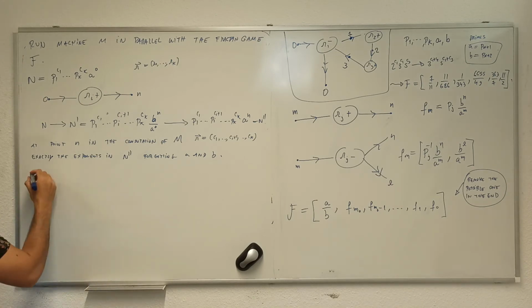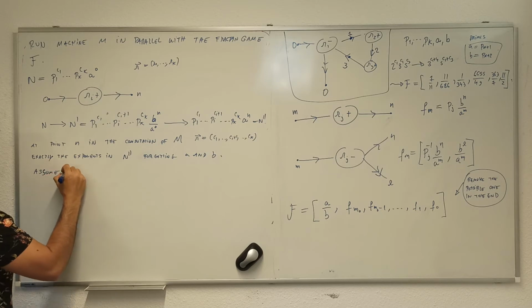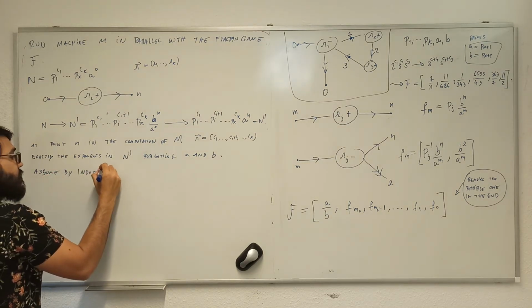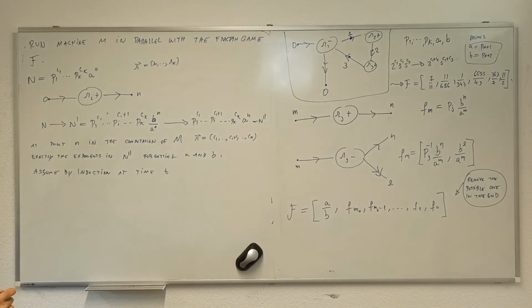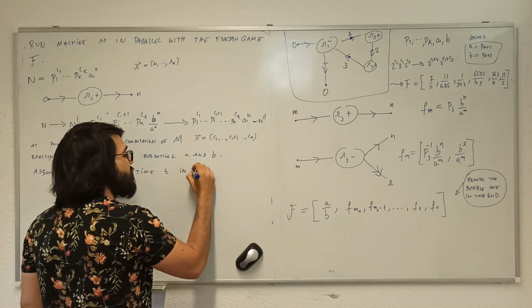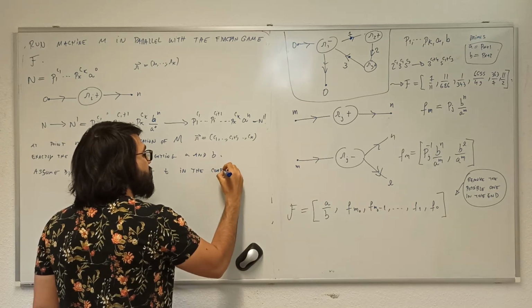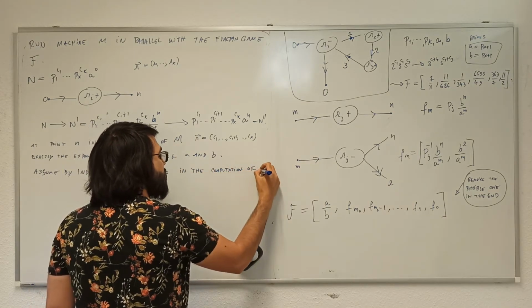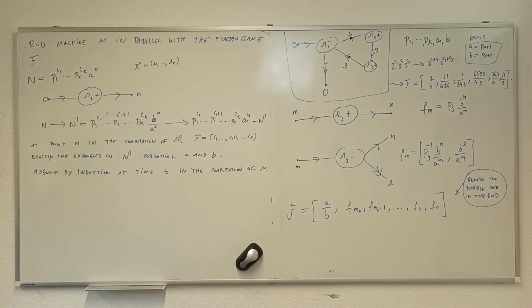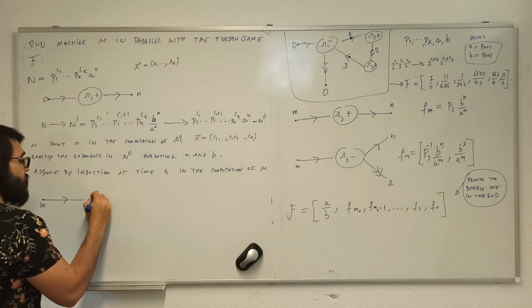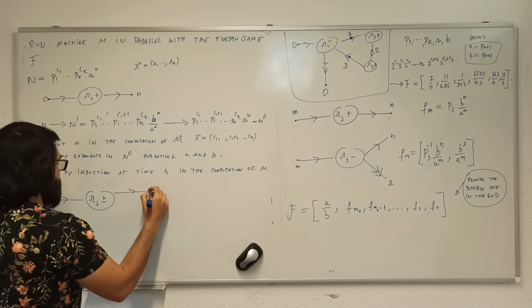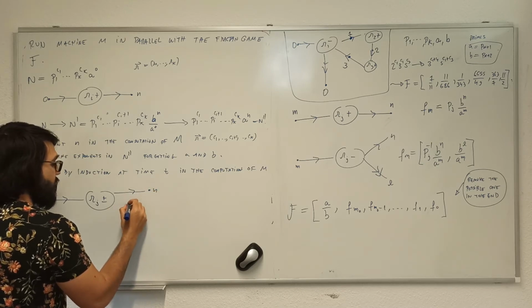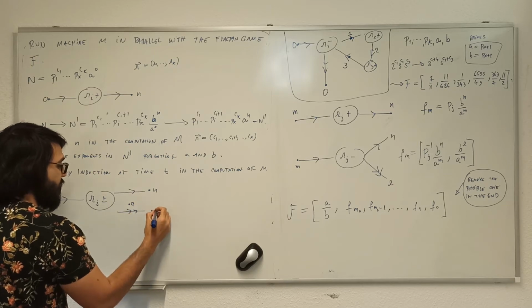Okay, so let me assume by induction, at time t in the computation of M. So at some point in the computation of this machine, we arrived at a point m that goes to some rj, could be plus or minus, and that could be something like this to a point n, or something like this to the same point n.